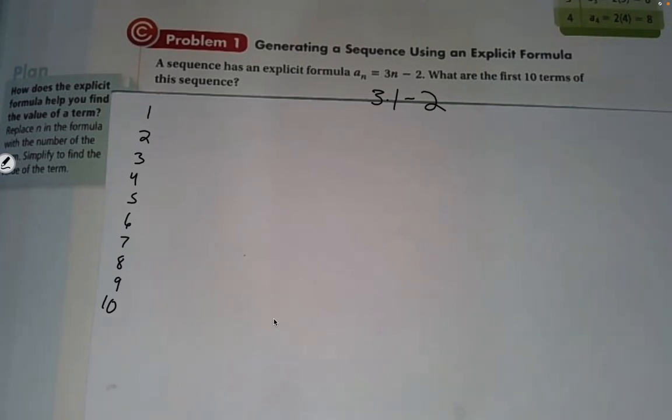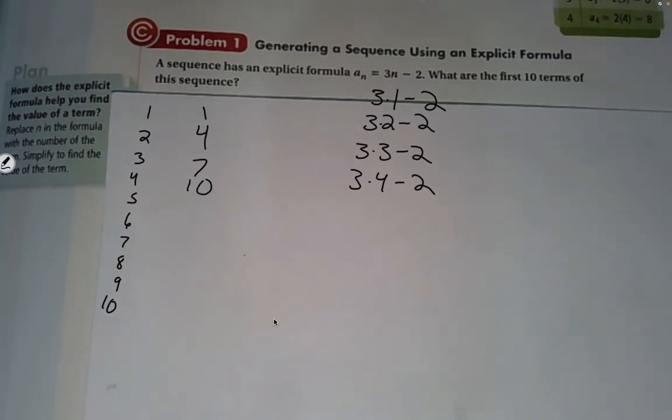What's 3 times 1 minus 2? 1. There's my first term, 1. Now let's find the second term. 3 times 2 minus 2. I put that in my calculator and it tells me it's 4. My third term, 3 times 3 minus 2, is 7.